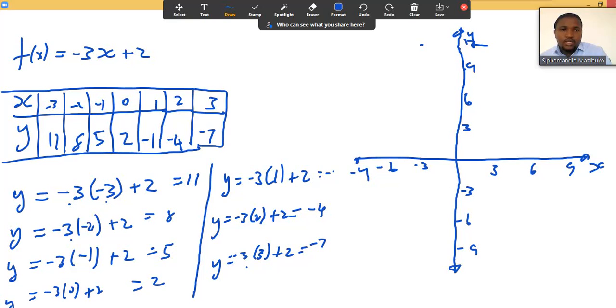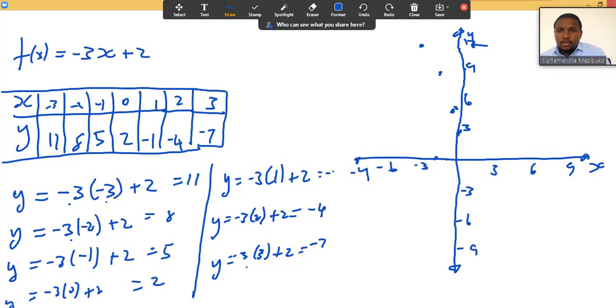Minus 2 can be here, and then our 8 could be here. Minus 1 is to 5, and 5 can be here.